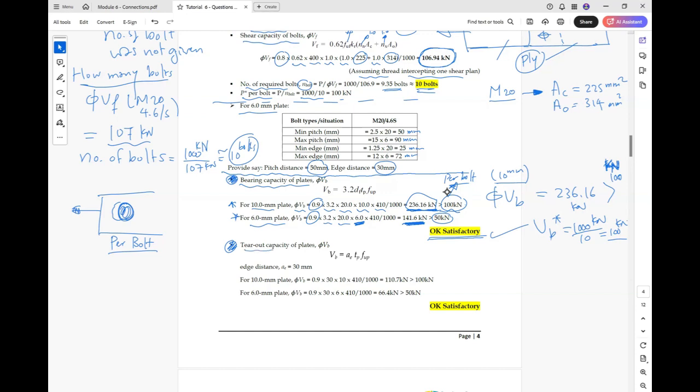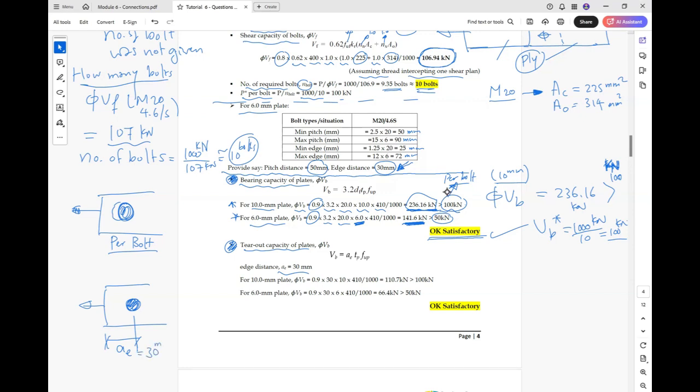For tear out, the tear out is a different formula. So VB equals AE times T times FU. What is the edge distance we selected here? 30 millimeter. If you go back to the original lecture, this was AE. So AE is the edge distance.